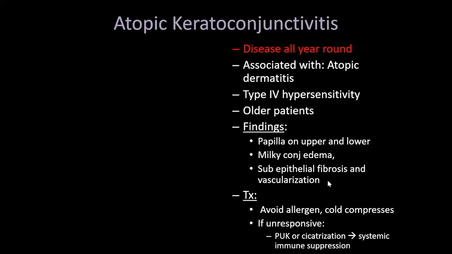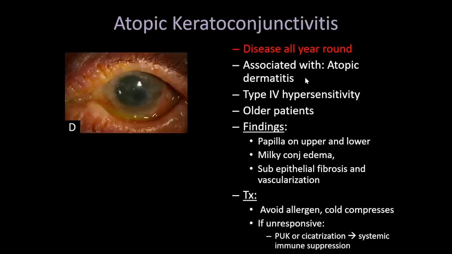So you have papillae on the upper and lower conjunctiva. You have corneal edema. You have subepithelial fibrosis, particularly around the peripheral cornea. And this tends to be associated with vascularization. This is quite typical, and the pictures will show.